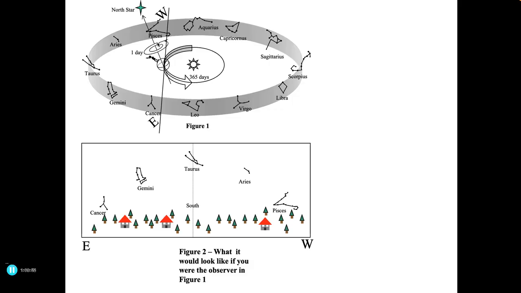The Earth is rotating through a lot of its rotation over the course of one night, but the Earth is not moving around the sun or wobbling much in just one night. The rotation of the Earth is the only thing that matters. If you're interested in how the sky changes month after month, season after season, then you've got to take the Earth's orbit around the sun into consideration and figure out what constellation the sun is in front of.